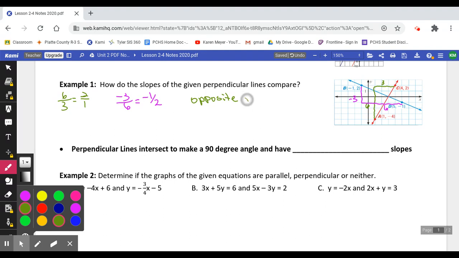So how do perpendicular lines compare? They are called opposite reciprocals. So down here, I'm going to abbreviate opposite as OPP. So opposite reciprocal slopes. Remember, one has to be positive, one has to be negative, and then the numbers have to be flipped of each other.